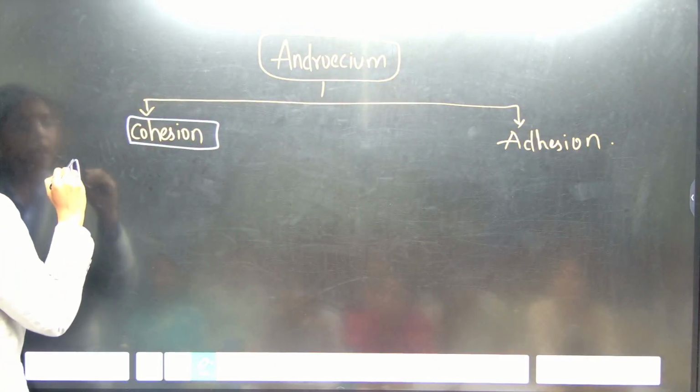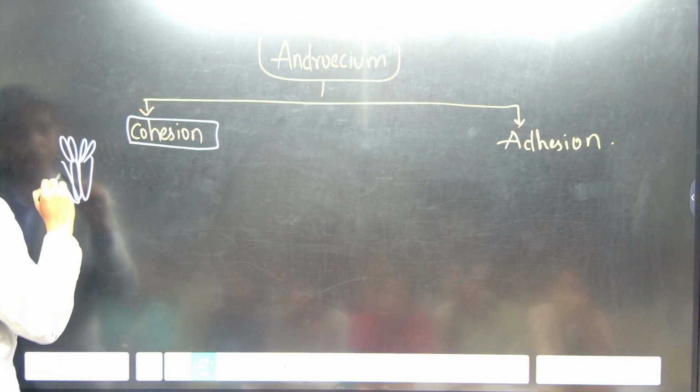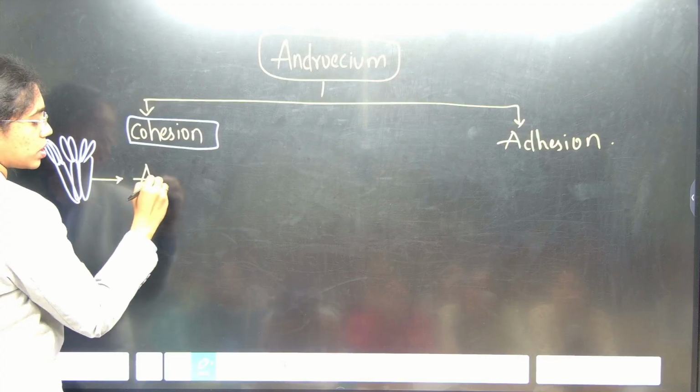If anther lobes are free and only filaments are uniting, this type of cohesion is known as adelphous.